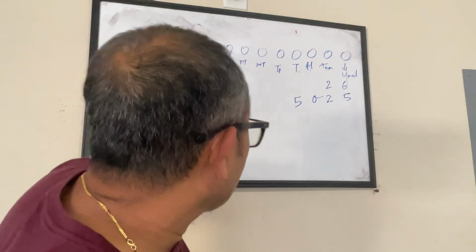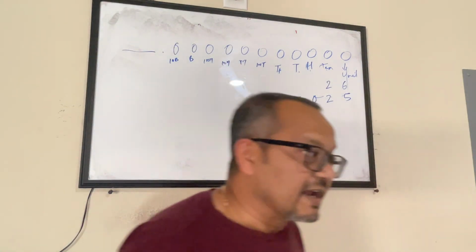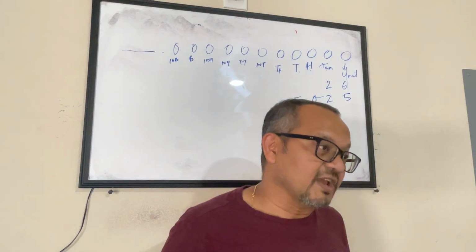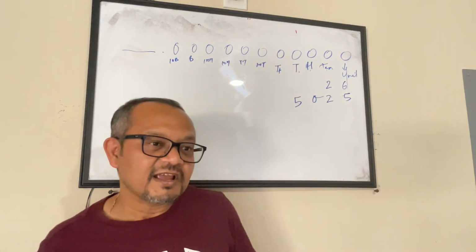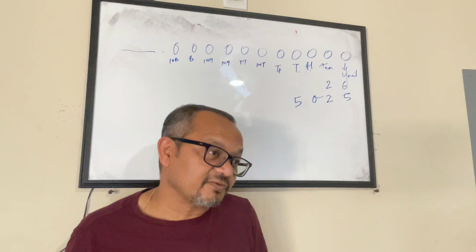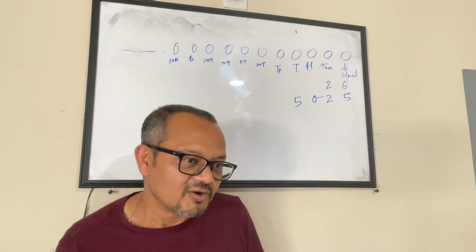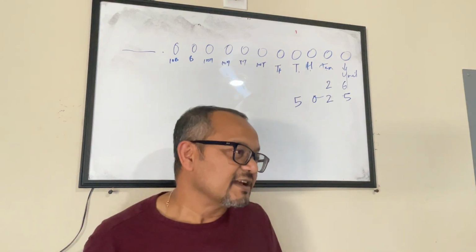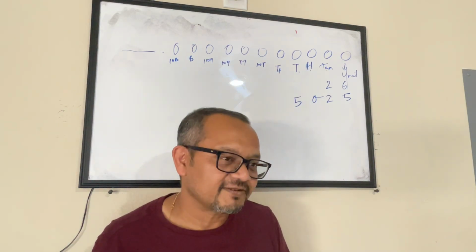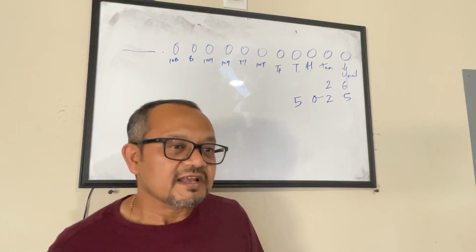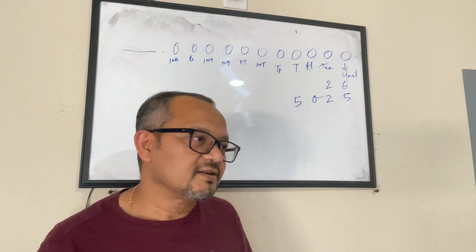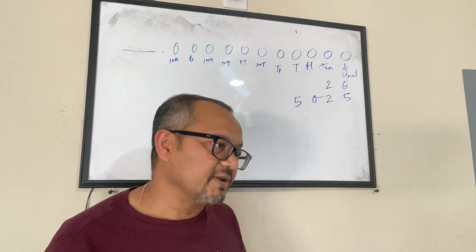Similarly, now if I say write 7,002,045, who all can write it? Write it. 7 million, what? 7 million, 2,000, and 45.